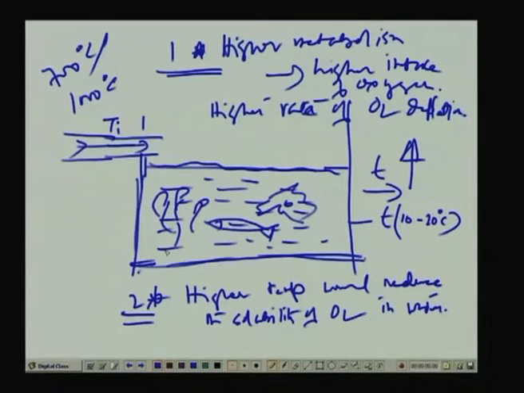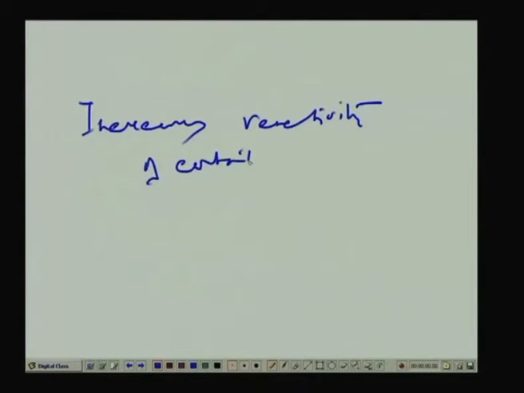Essentially, you can also write down another important thing here: thermal pollutants also increase the reactivity of certain elements by means of increased solubility.